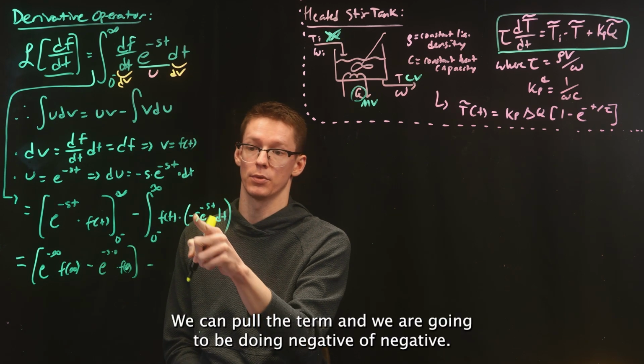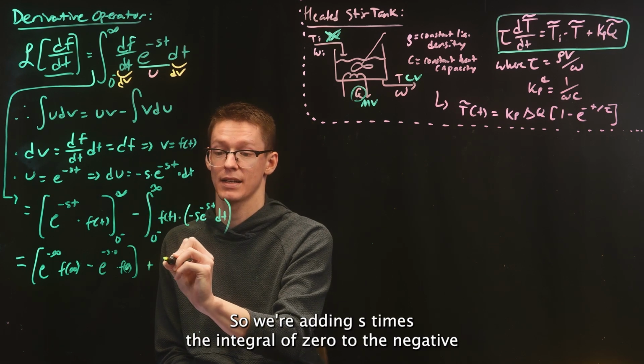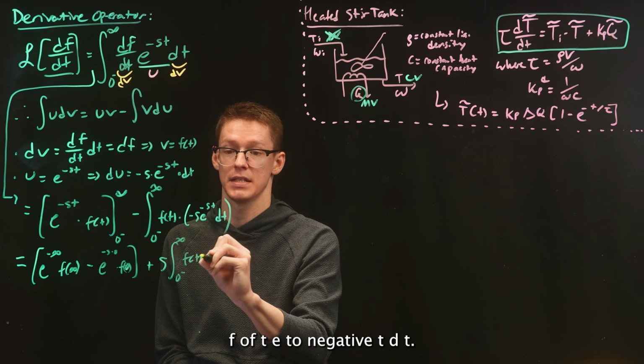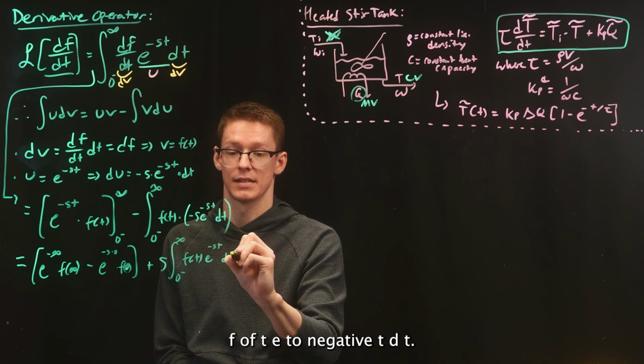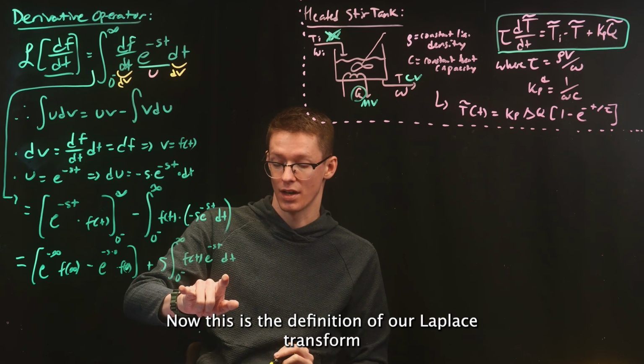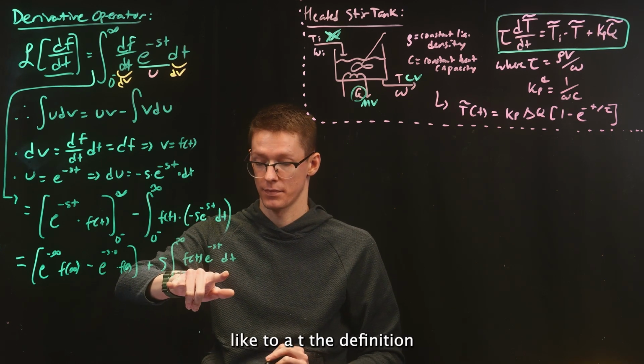Minus, we can pull the s term out, and we're going to be doing negative of negative. So we're adding s times the integral from 0 to infinity of f of t e to the negative st dt. Now this is the definition of our Laplace transform.